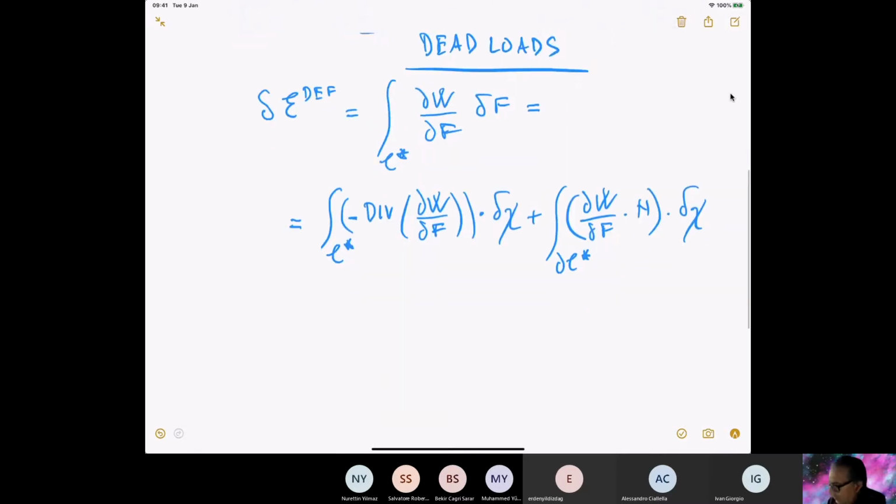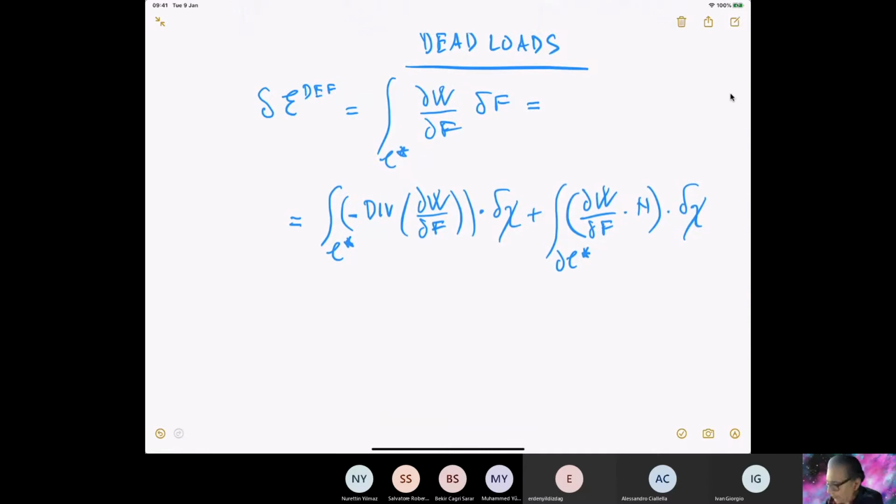I'm using this formula hiding the indices, but if we need, we can write them component-wise.